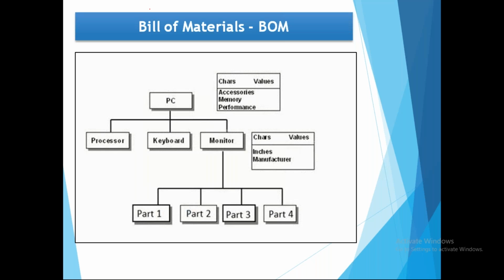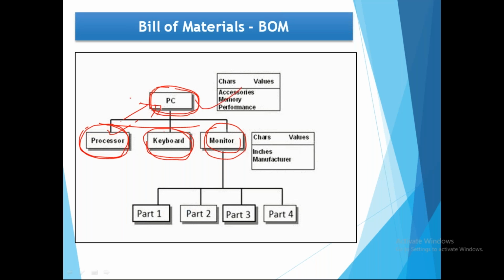Suppose you want to manufacture a PC, a personal computer, or a laptop. What do you require? You require a processor, you require a keyboard, you require a monitor. So all these things you will put in the BOM of the PC.